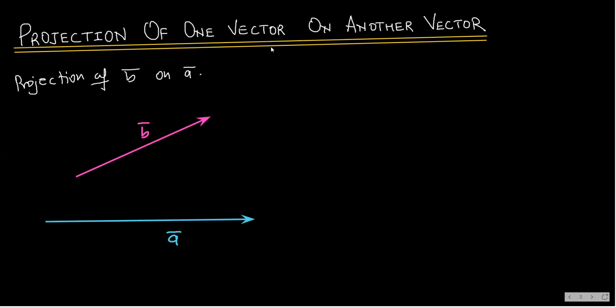For that, I will explain it to you by asking you to think that there is a point source here, which is just above b bar. Okay, there is a light source here. Light source means we can think of a bulb. We can think of a bulb here.